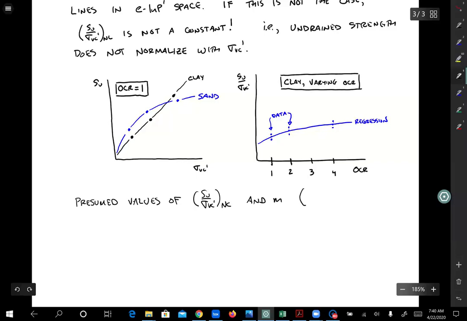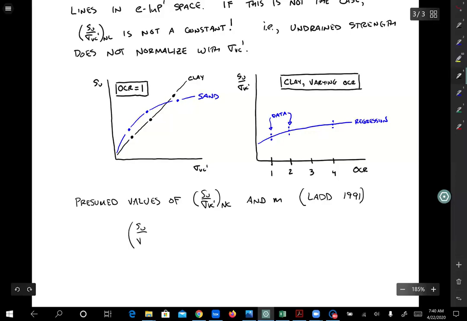And these will come from Chuck Ladd's Terzaghi lecture in 1991. Kind of a really important paper where he summarizes a testing approach that takes advantage of strength normalization concepts using consolidated undrained strength tests to get these constants. And what he found after doing a whole bunch of different tests is for different soil types, they tend to be fairly consistent.